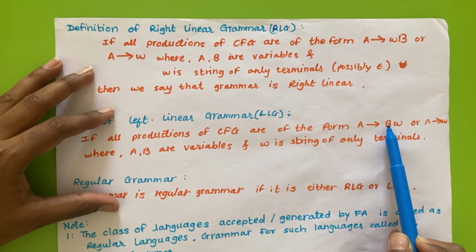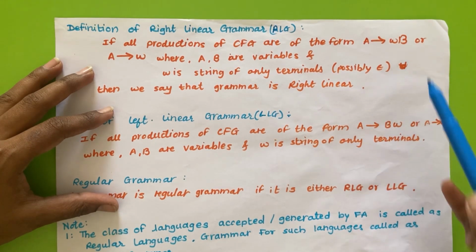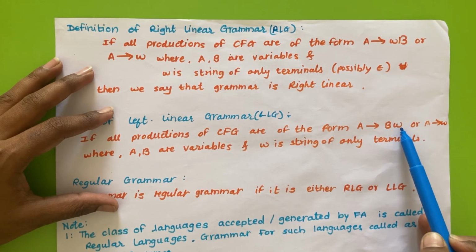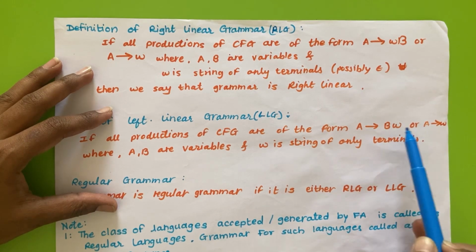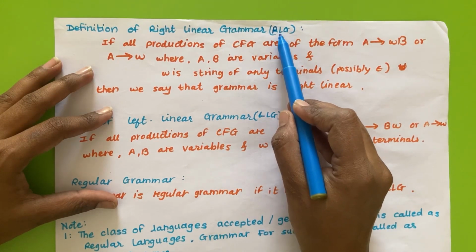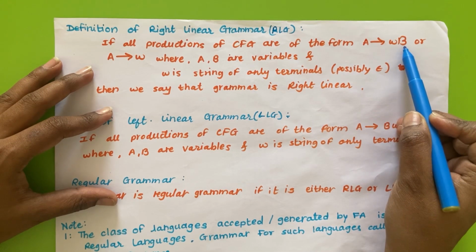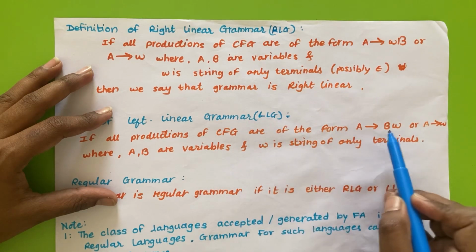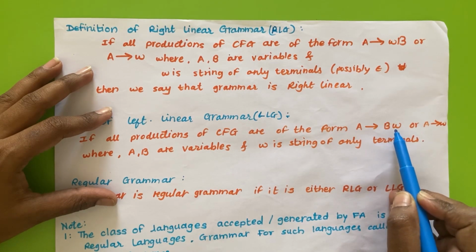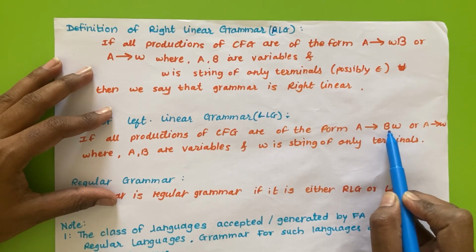In both the cases we have a single non-terminal, but we can have a list of terminals. So in case of RLG the non-terminal is at the rightmost side, and in case of LLG the non-terminal is present at the leftmost of the RHS.